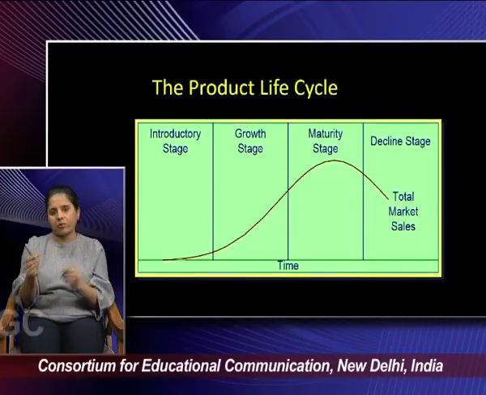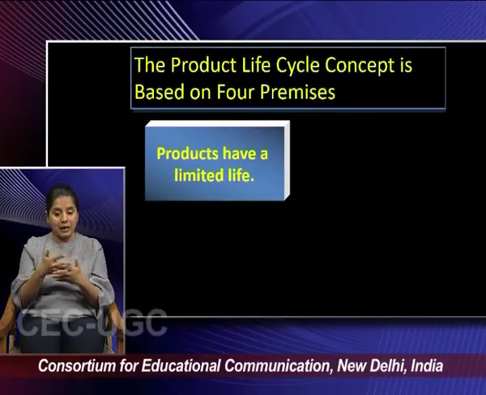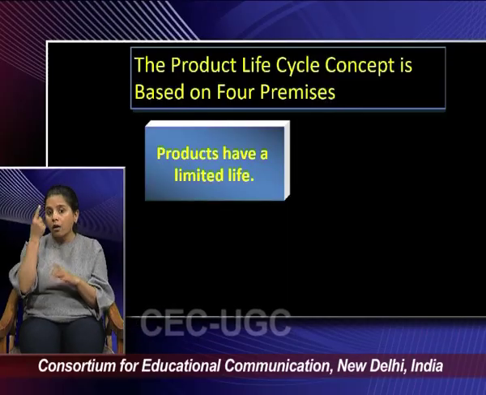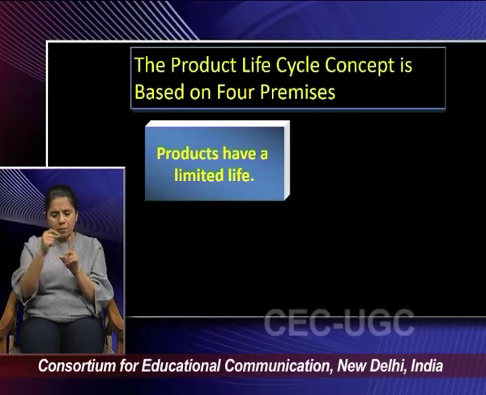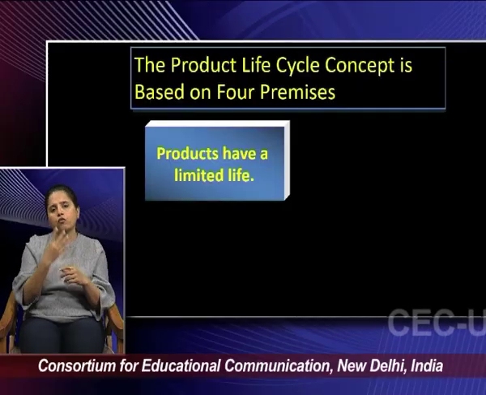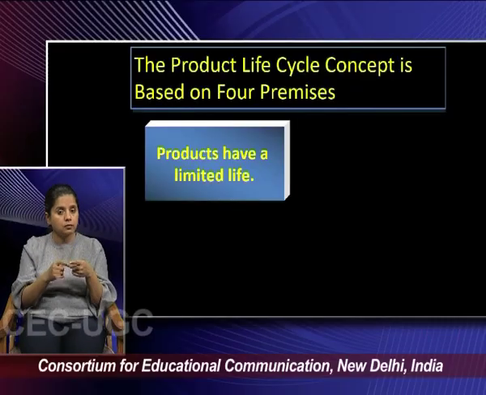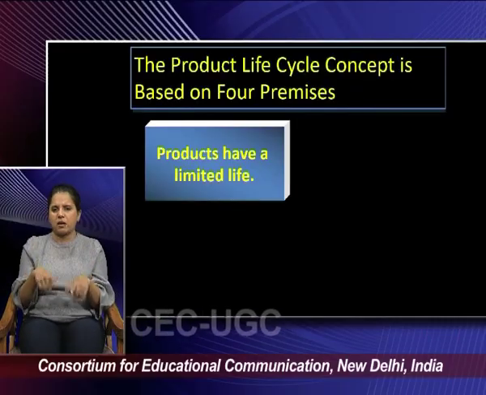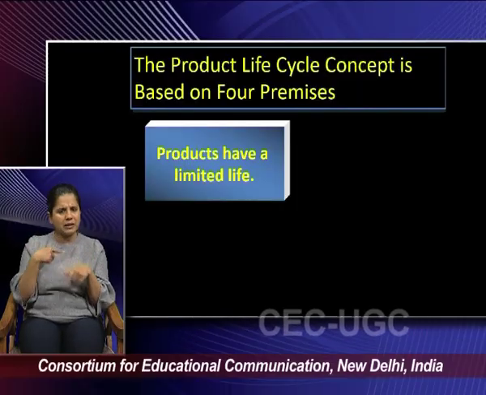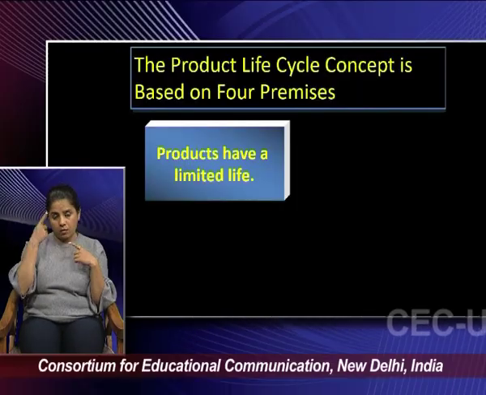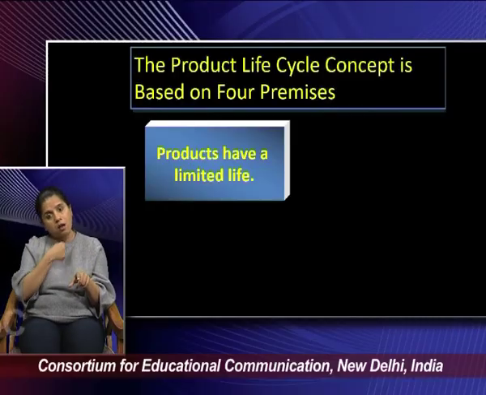Now, when we talk about the product life cycle, we have to understand that this entire concept of PLC is based on 4 basic premises. The first is that products have a limited life. Just like us, we cannot live for 200 years, 300 years, 500 years.